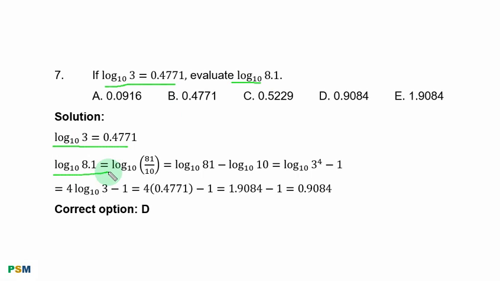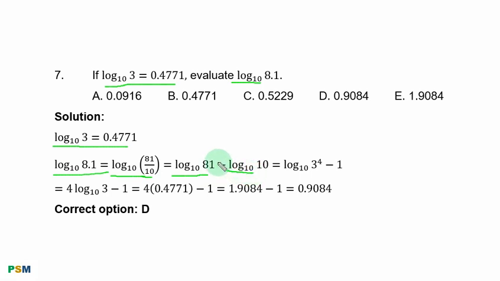First, convert 8.1 to ordinary fraction. You have it as log 81/10 base 10. In logarithm, quotient implies subtraction. So you have log 81 base 10 minus log 10 base 10.